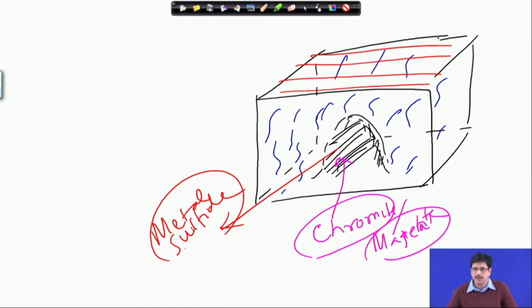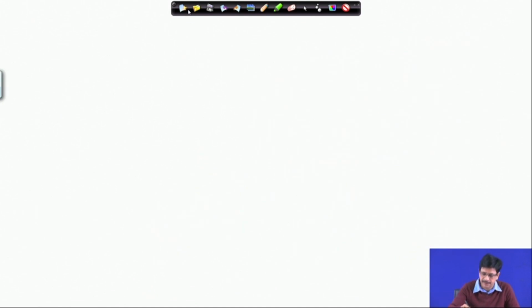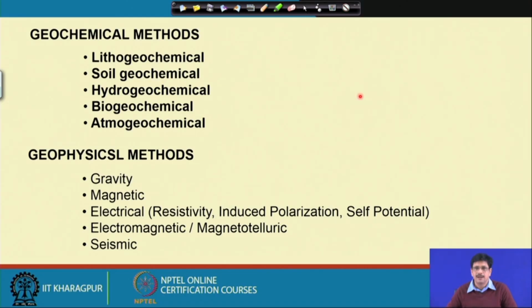These are based on the basic difference in the physical property of the ore bodies. And when we are discussing with such a simple diagram, we are presenting a case where we start with a very simple shape of the ore body, and in nature the shape of the ore body could attain any complicated geometry.